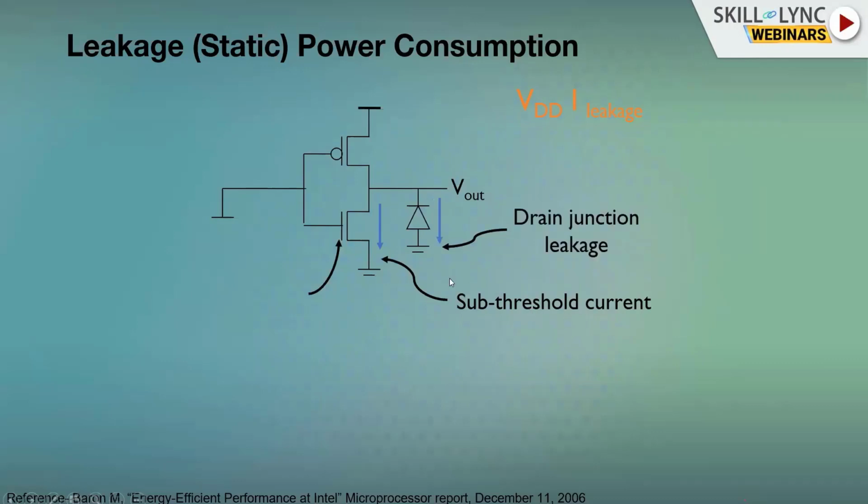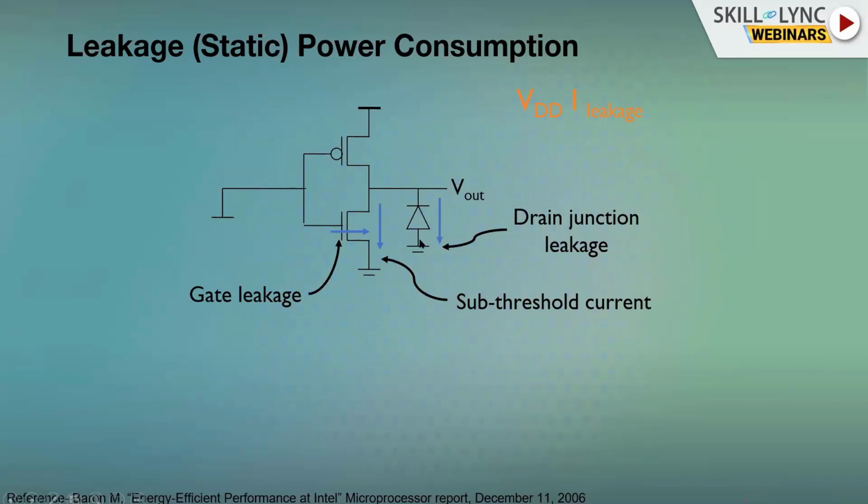There is another current called drain junction leakage current, happening because of the reverse-biased load capacitance. The current which starts from your V out to the capacitance results in a drain junction leakage current. There is another component called gate leakage current that mainly flows from your gate path to your drain path.